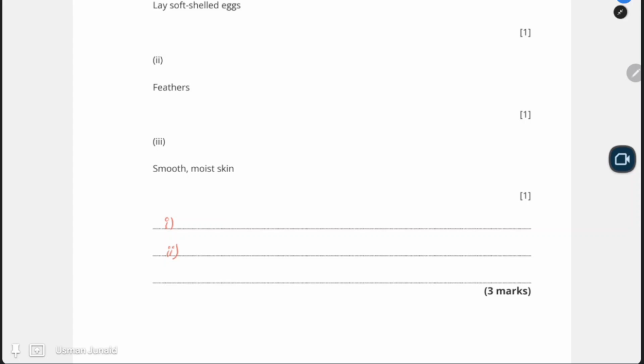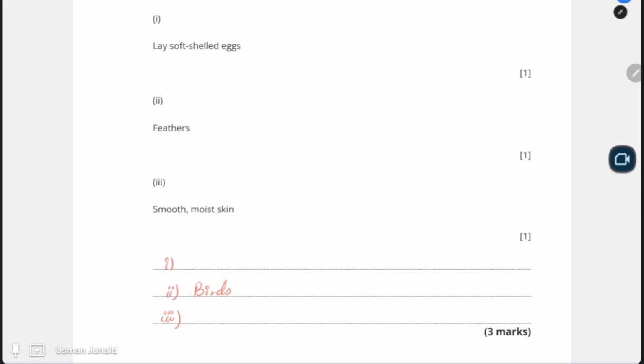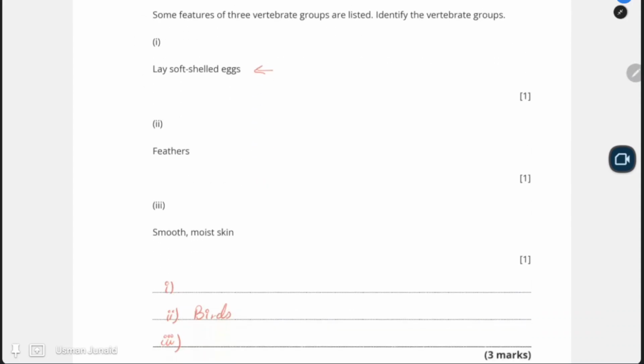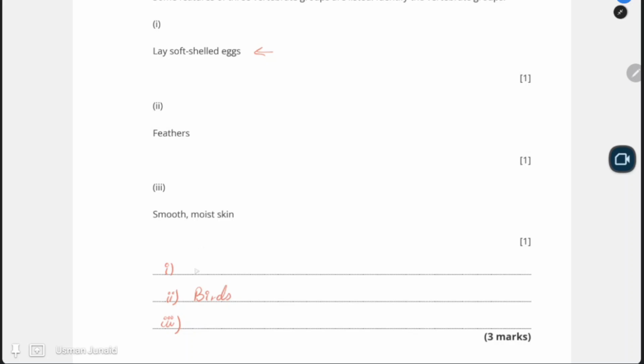Fish. No, not really. Think again. So this one is birds. What's the third one? So when we're talking about soft shelled eggs, the first one, the answer is reptiles.